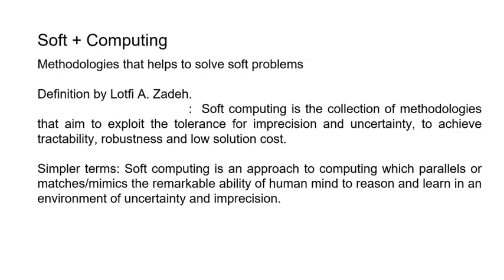Okay, so in simple terms, we can say that if the problems have imprecision or uncertainty, then these methods have a tolerance rate to deal with them. That is the actual meaning behind this sentence. Read once again. Soft computing is the collection of methodologies that aim to exploit tolerance for imprecision and uncertainty to achieve tractability, robustness, and low solution cost.